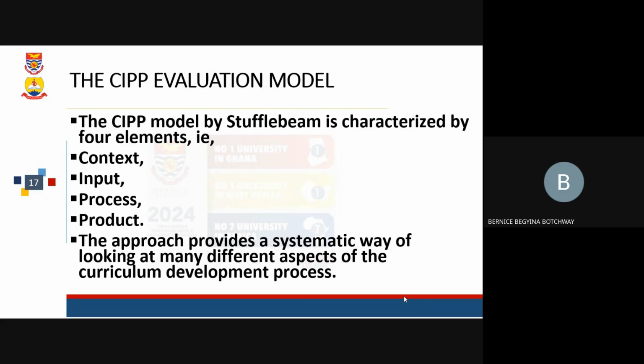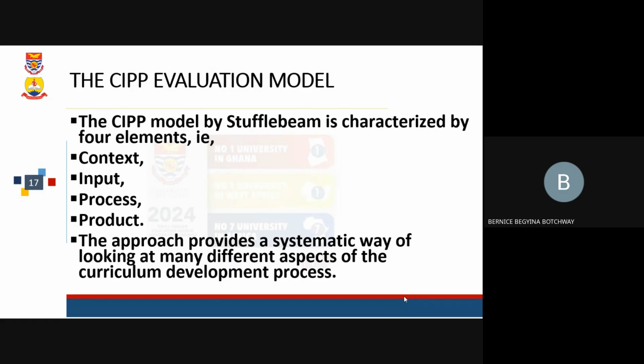Then we have the process: is it being done? You monitor the program's implementation to make sure it is carried out as planned, to detect any potential problem or deviation, then we resolve it. Then we come to the product, the final thing: did we succeed? That is where we evaluate the whole thing too.